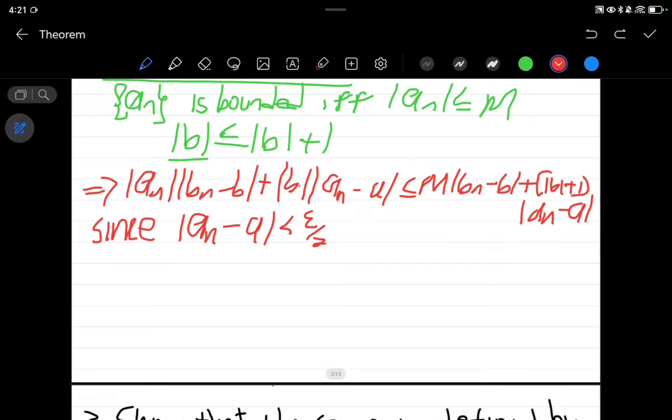I'm going to explain this. We know that the absolute value of an minus a is less than e over 2, but we are allowed to manipulate the denominator. This would still remain less than e over 2, right? You manipulate it according to what you need.